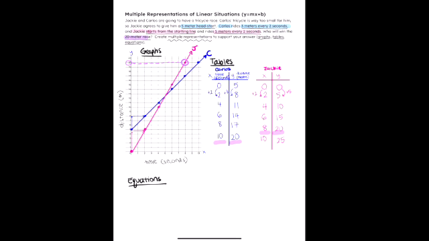So if you've been watching the other videos, then you know that we've been working with the equation y equals mx plus b. In a situation, m, the slope, we can also think about as the growth rate or the speed.